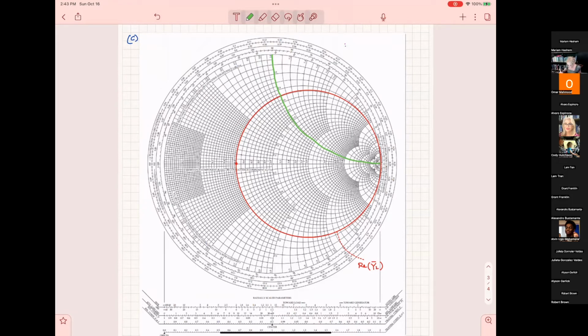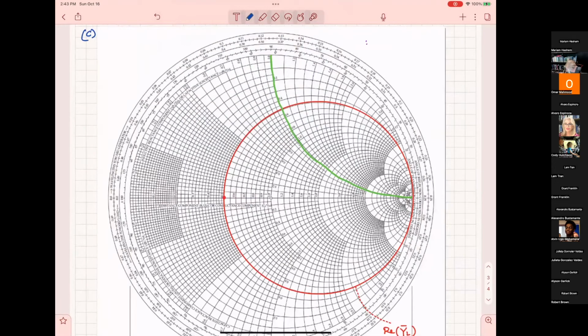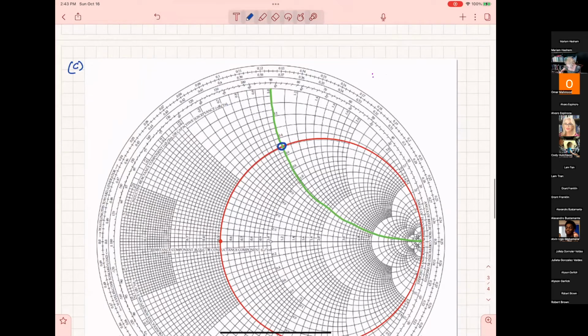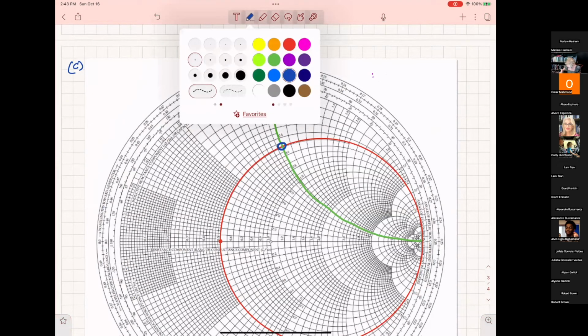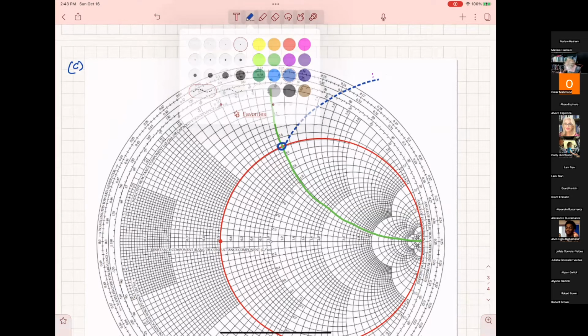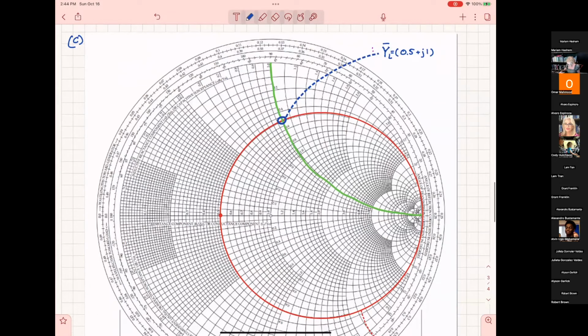And the intersection of the two here gives me my normalized admittance. I will put it here, that's my normalized admittance, and to remember, it is 0.5 plus j1, right?